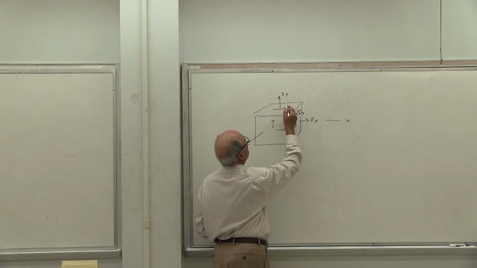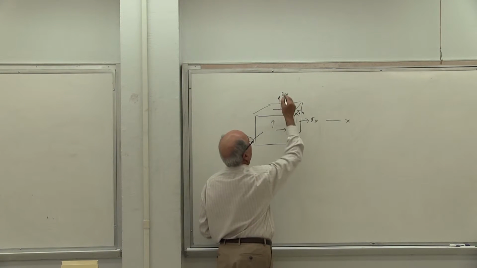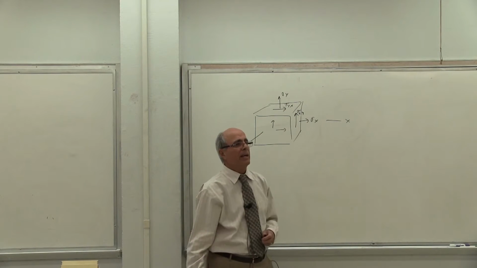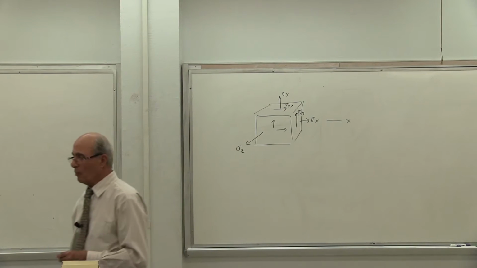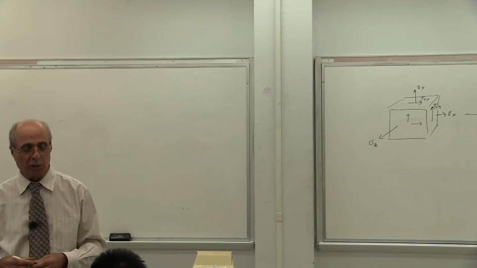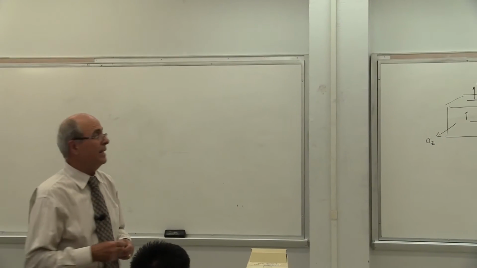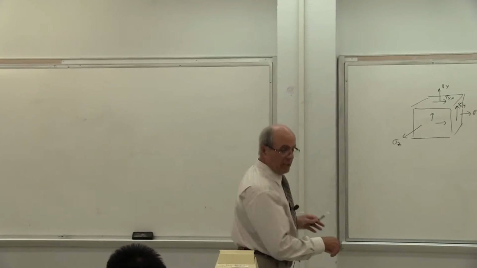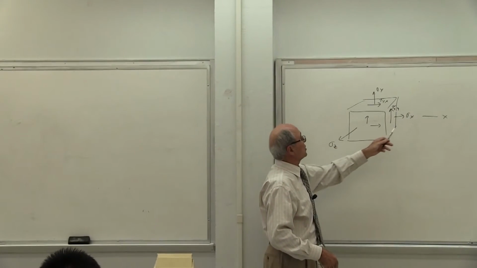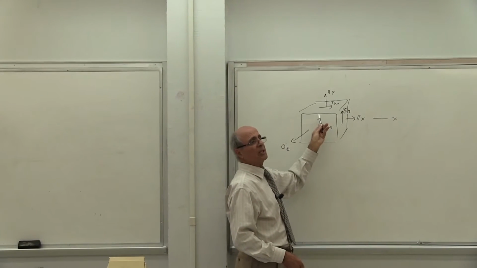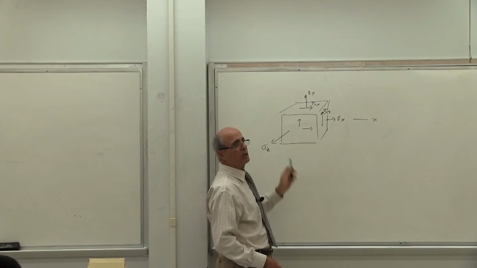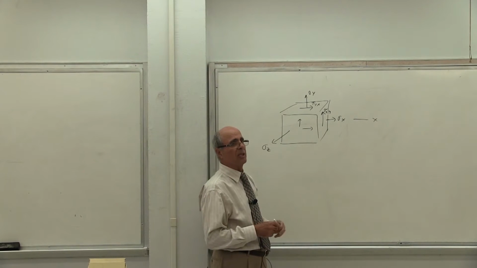This one is a plane perpendicular to y, but it's going in the x direction. That one is tau yx, the other one tau xy. They are equal. So we had three normal stresses and three shears, because two of them were equal. This is the general state of stress.